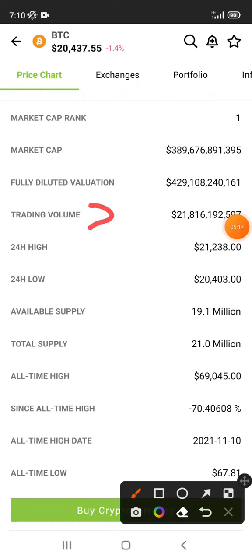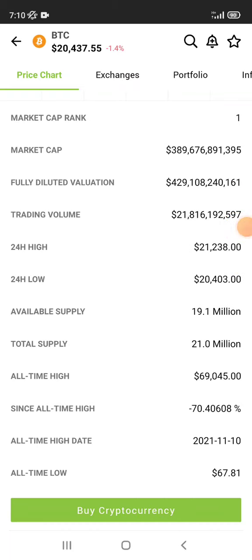The next one is trading volume. Trading volume is always recorded in 24 hours. Like, we always calculate it in 24 hours. Trading volume means the amount of the coin that has been traded in the past 24 hours. When we say traded, we mean either bought or sold. So since it's a bearish season, maybe this amount of Bitcoin has been sold.